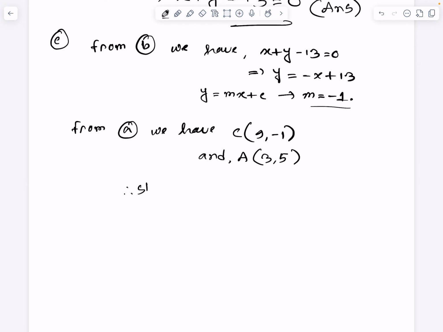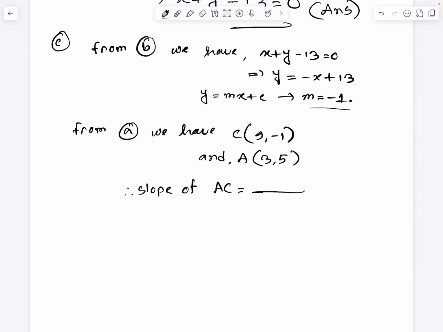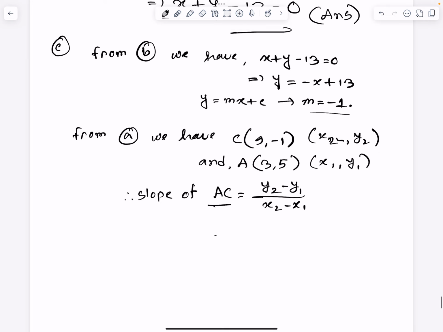So the slope of AC is equal to... I'm pretty sure you know the formula for finding the slope. The slope formula is (y2 minus y1) by (x2 minus x1). So here, let's say this one is x1, y1 and this one is x2, y2.